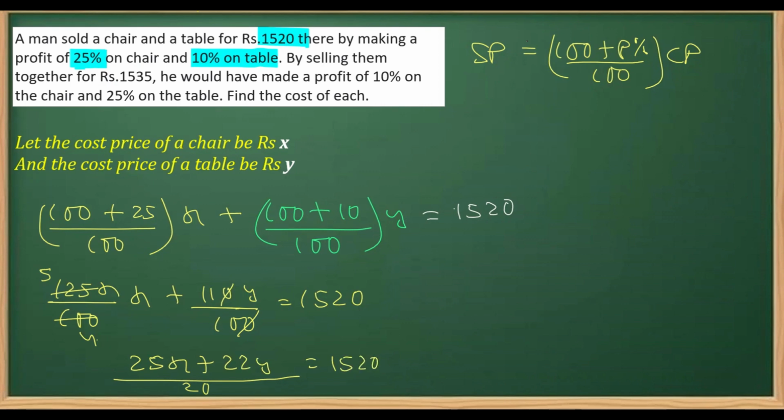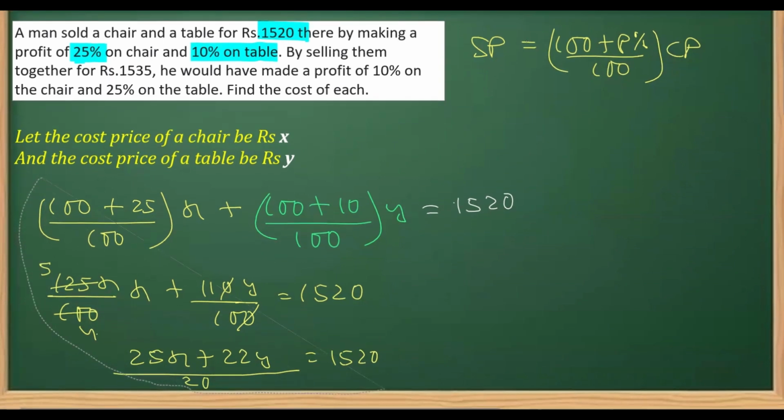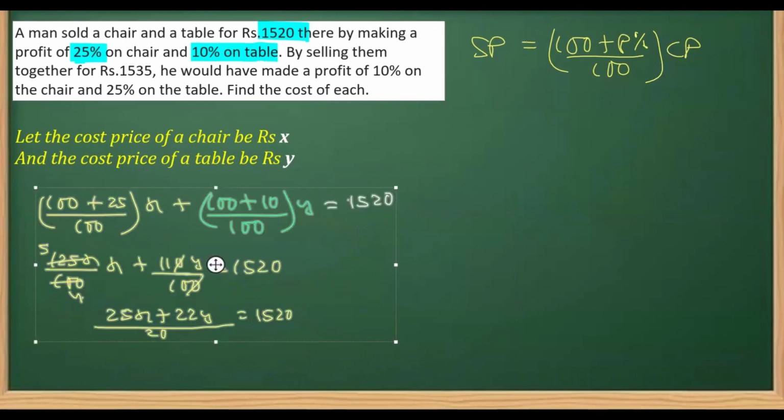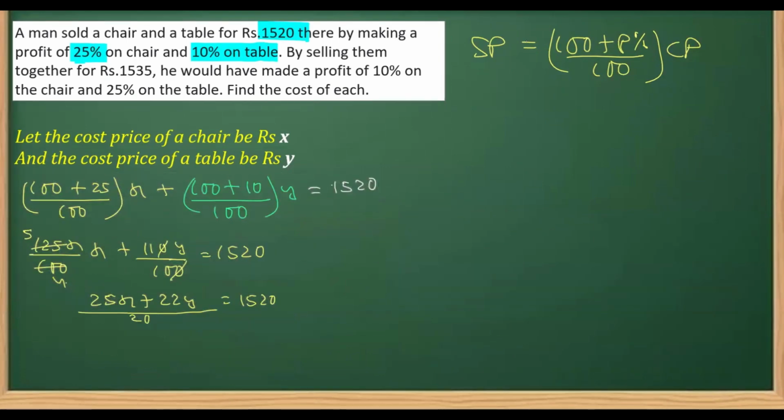And I can simplify this further. Let's say I make some space here and do it over here only. So now I can transpose this value. This is 25x plus 22y, and I'll be transposing 20 to the other side, so we need to multiply 20.